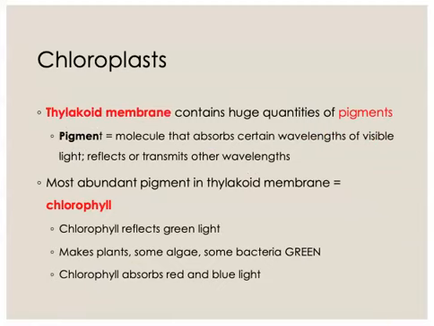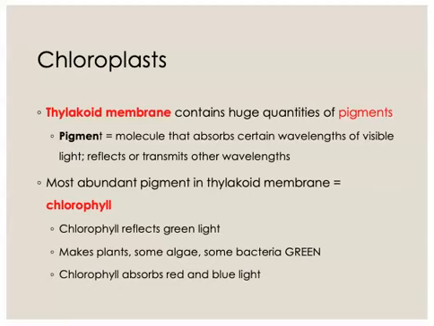The thylakoid membrane has huge amounts of pigment in it. And again, the most abundant pigment that we find in thylakoid membrane is chlorophyll. It's important to understand exactly what a pigment is because it plays a critical role in the process of harvesting energy from sunlight. A pigment is simply a molecule that can absorb certain wavelengths of visible light.